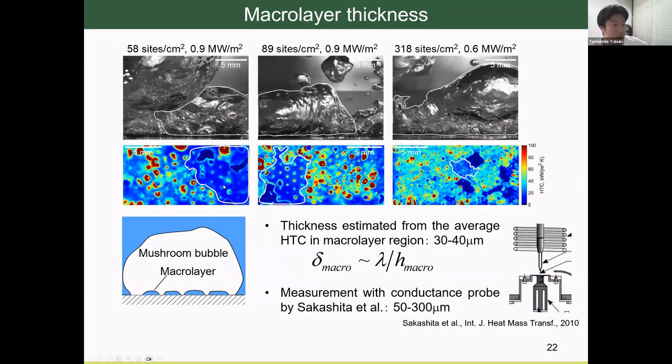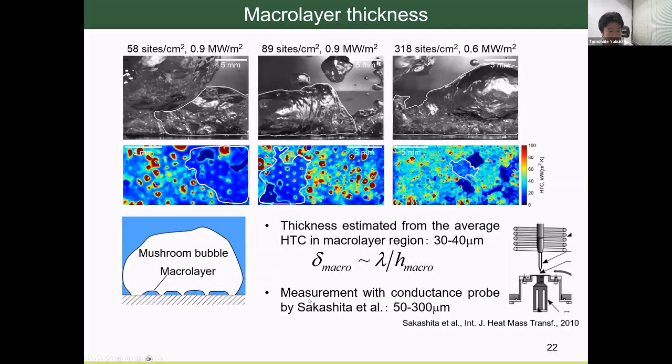And we observe the microlayer in a wide range of nucleation site density conditions. Here I estimated the microlayer thickness from the average heat transfer coefficient in the microlayer region, and that was 30 to 40 microns.